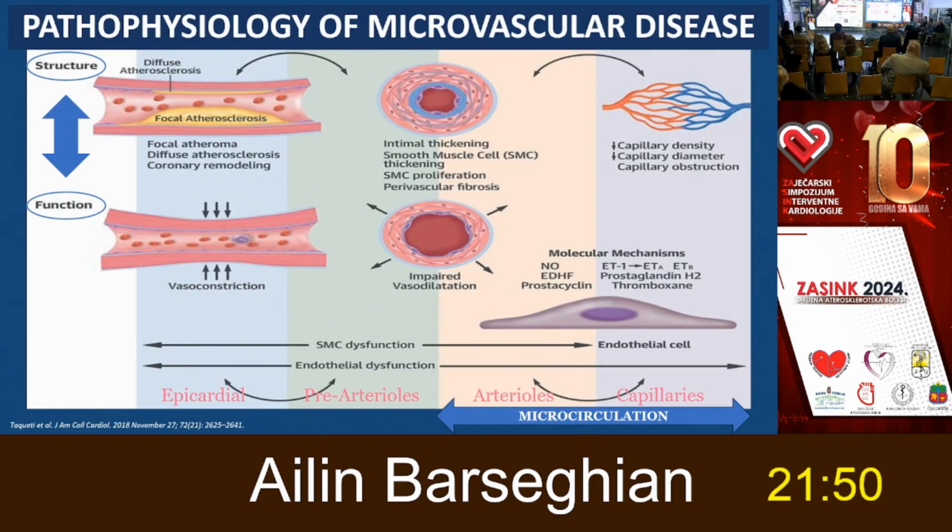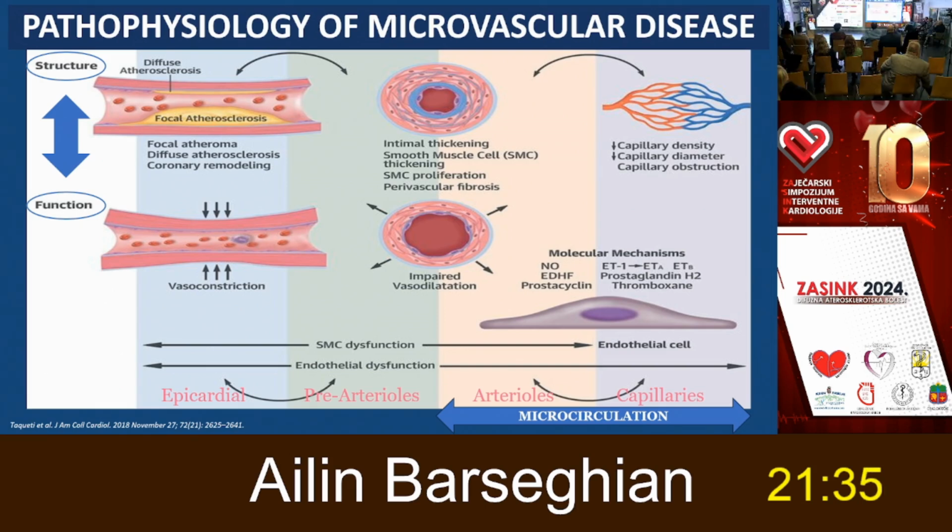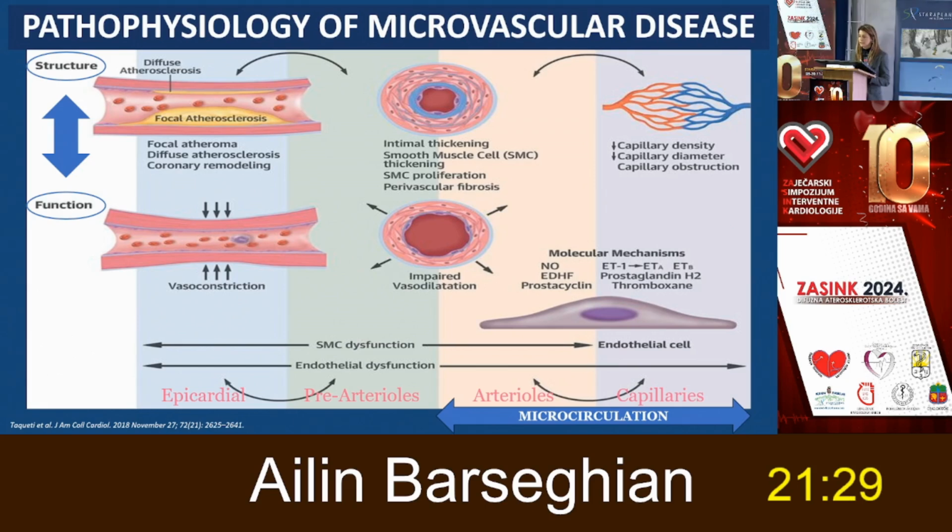Historically, everyone's familiar with the idea that if you get obstruction in the epicardial vessel with a plaque, that could cause disease and stenosis. But the microvasculature doesn't actually form atheroma. There's no plaque formation in the microvasculature. When the microvasculature becomes diseased, it's usually a process of either thickening or a loss of vasodilation.